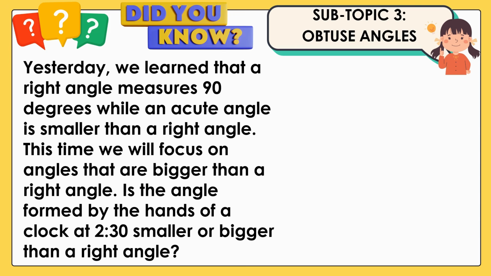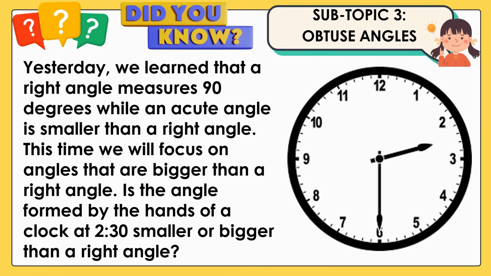Yesterday, we learned that a right angle measures 90 degrees while an acute angle is smaller than a right angle. This time, we will focus on angles that are bigger than a right angle. Is the angle formed by the hands of a clock at 2:30 smaller or bigger than a right angle?